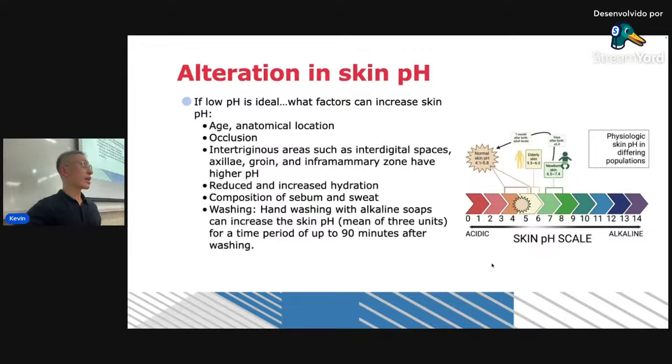And think of all the other areas that have folds. Because of the sweat accumulation, moisture accumulation, that can dilute the pH level, making it more alkaline. And we often see dermatophyte fungus and other type of bacterial growth in those areas for the reason that we change the pH level to more alkaline.